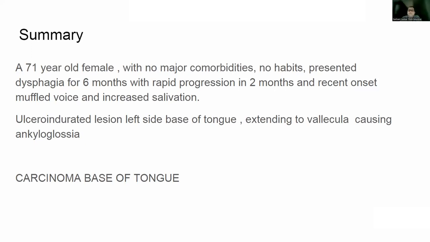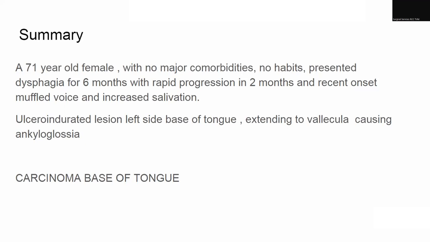Do you have specific criteria to call it a second primary versus a recurrence? Yes, ma'am. The criteria by Slaughter, the Warren and Gates criteria, the NCI modification of the Warren and Gates criteria. They have two things, ma'am. One is the time interval.